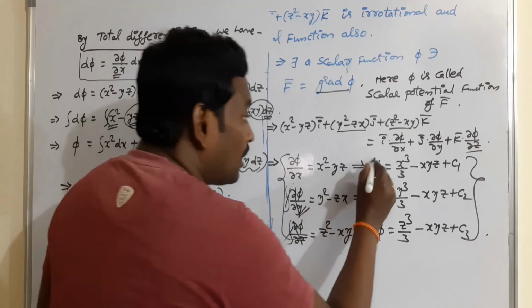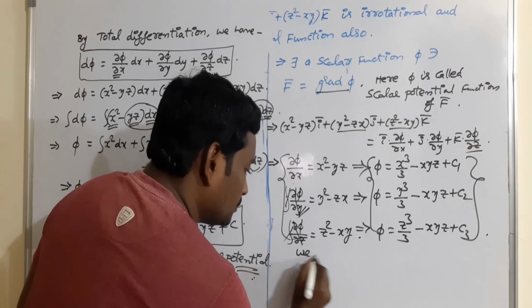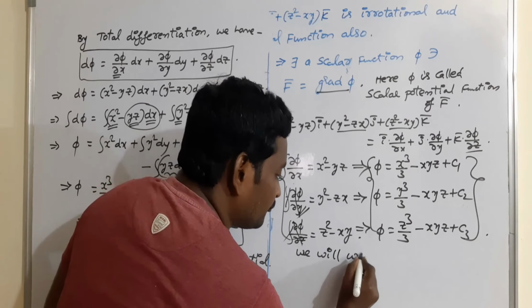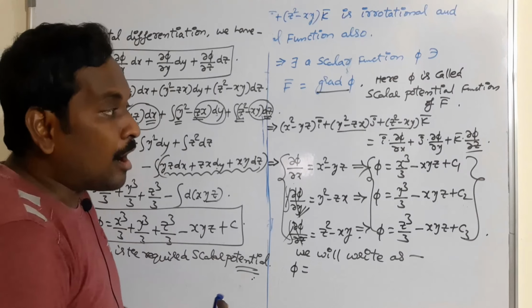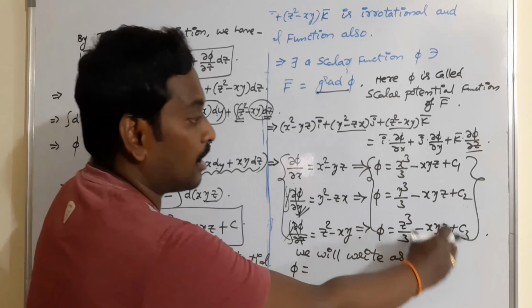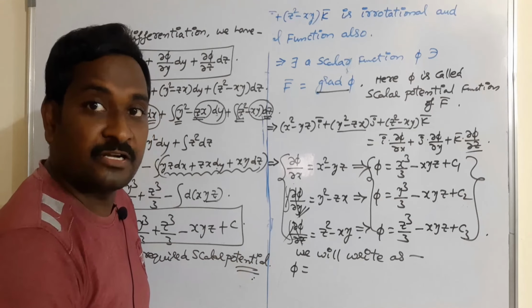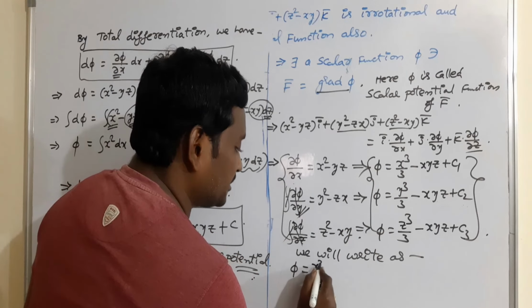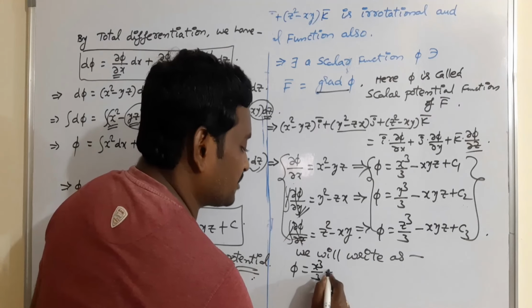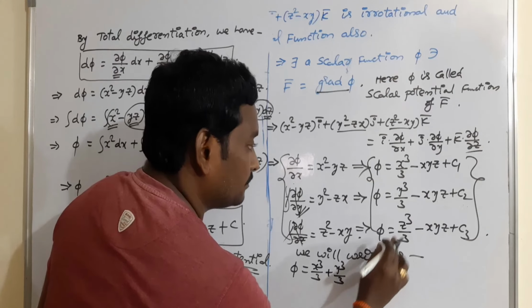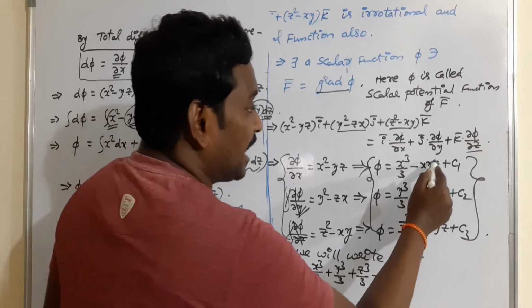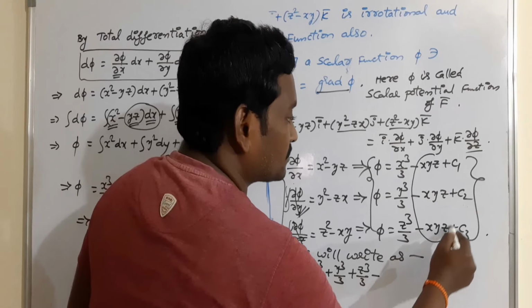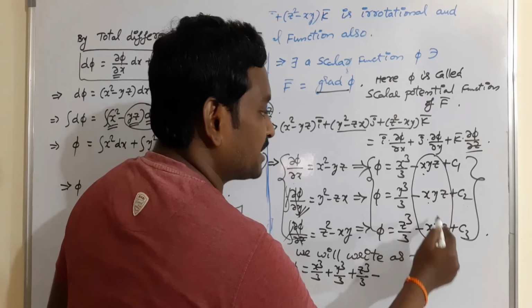Okay, from these three values, we will write phi as: write all possible terms from these phi expressions. Collect all different terms first, which is x cube by 3, y cube by 3 plus z cube by 3 minus, here we have three same terms, minus xyz, minus xyz, minus xyz.